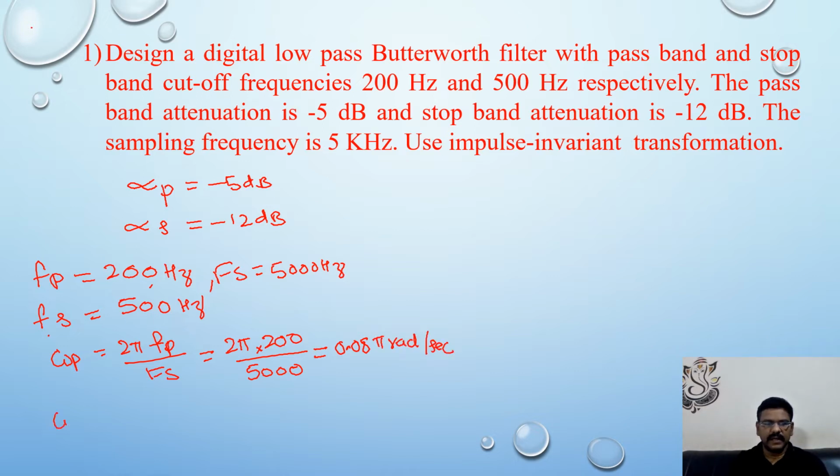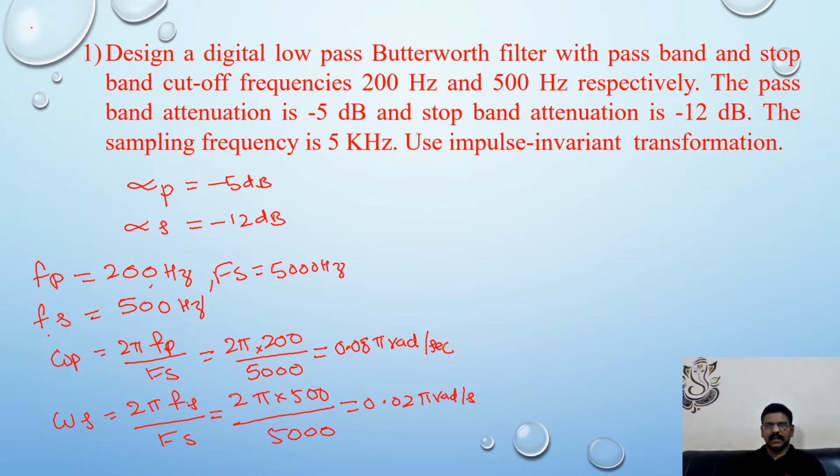In the same way, omega s is equal to 2 pi Fs by Fs, that is 2 pi into 500 by 5000. This is 0.025 radians per second. And from this you can plot the frequency response.